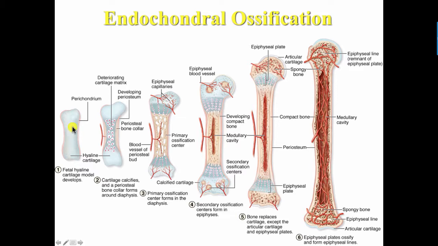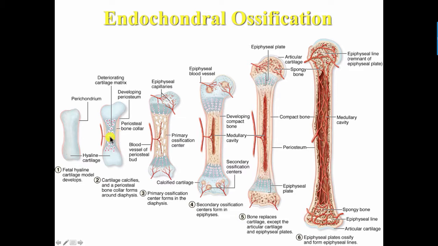With growth of this cartilaginous model, the perichondrium is invaded by capillaries, triggering the transformation of the perichondrium into a periosteum, and the innermost cells of this periosteum specialize now as osteoblasts and lay down a bone collar around the middle of the shaft.